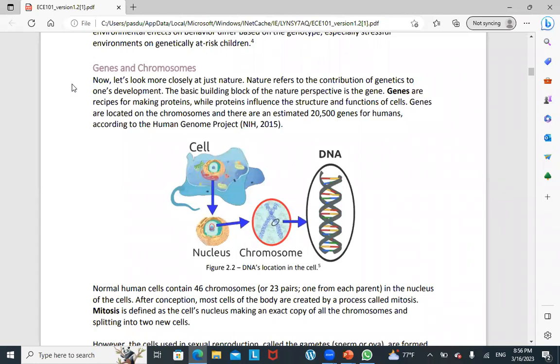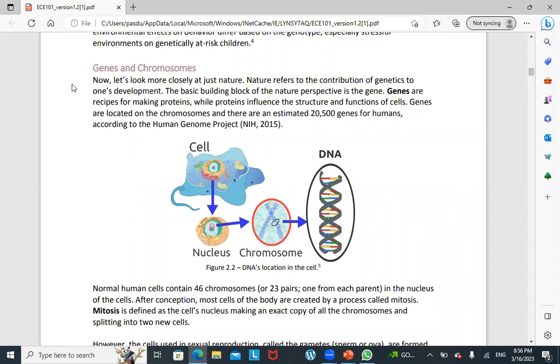Now, these 23 pairs are like this. 22 pairs decide all the other genetic characteristics, but one pair, one from the mother and the other from the father, decides the sex of the newborn. Now, 23 pairs from both parents are there in the child cells.